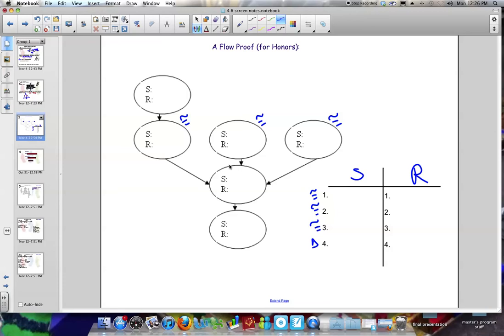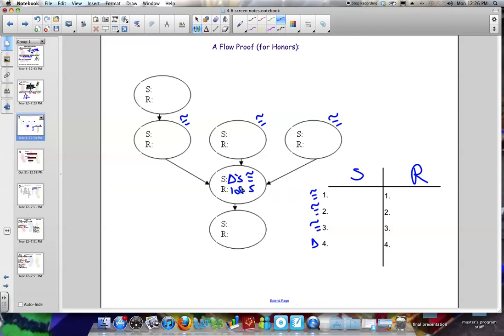Then notice the arrows all lead you to the next statement. Once you fill these three bubbles, that leads you to the fourth bubble. The fourth bubble is where you're going to write that your triangles are congruent. And your reason here will be one of the 5 postulates and theorems that we've learned in this chapter: side, side, side; side, angle, side; angle, side, angle; angle, angle, side; or hypotenuse, leg.